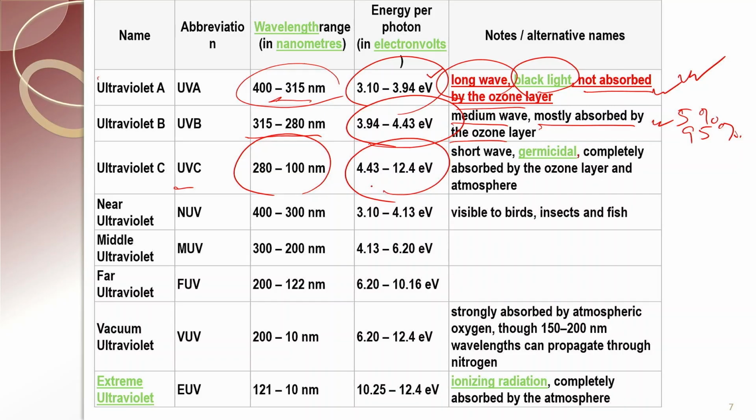So, 4.43 to 12.4 electron volt, and fortunately this short wave, which is used in germicidal application, and basically due to its high energy, it affects the living organism significantly, and fortunately it is absorbed completely by the ozone layer.